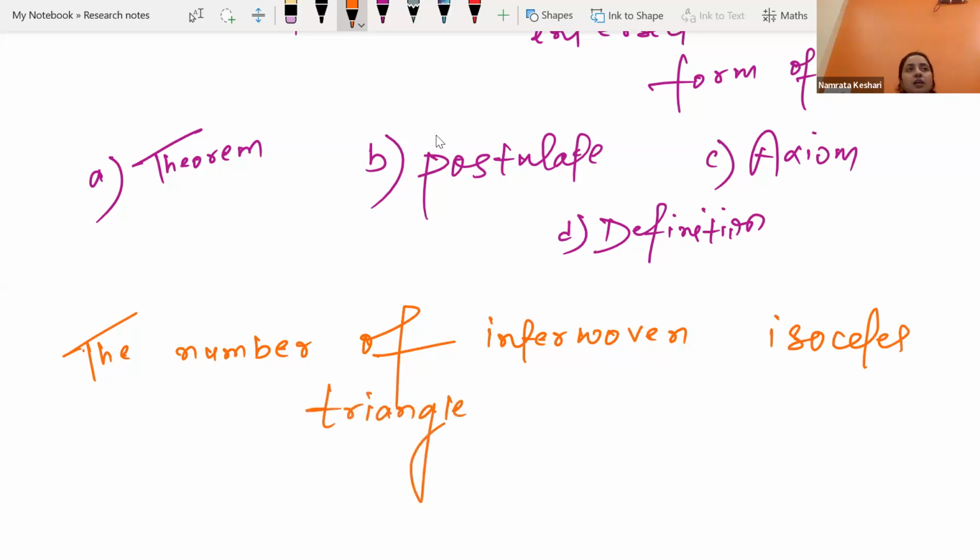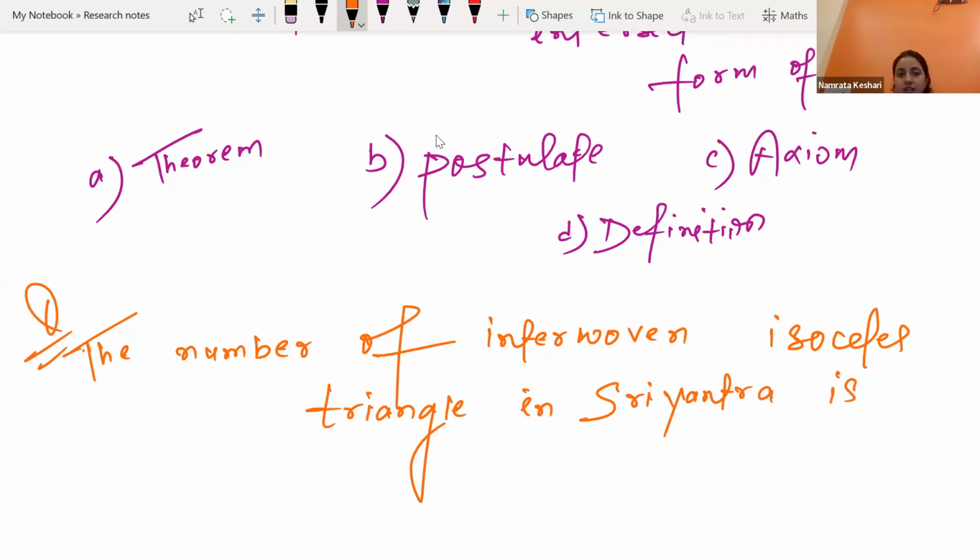Have you seen in the beginning of the Euclid's geometry chapter, the history is given about what happened in the Harappa Mohenjo-daro era, and what happened before that, how the progress of geometry happened? Have you read that part? No, ma'am.